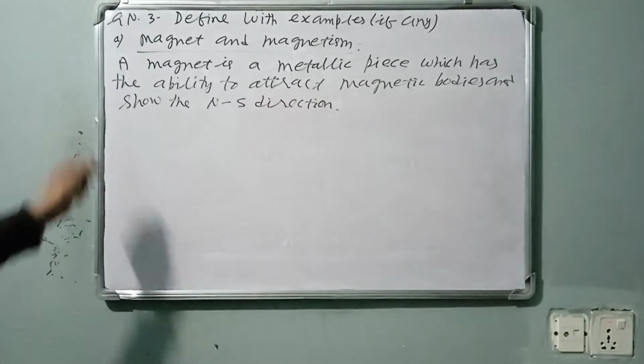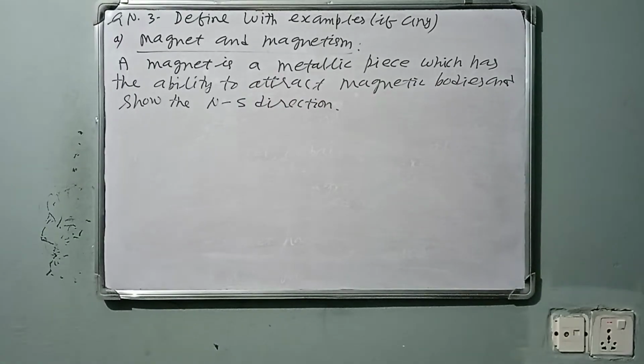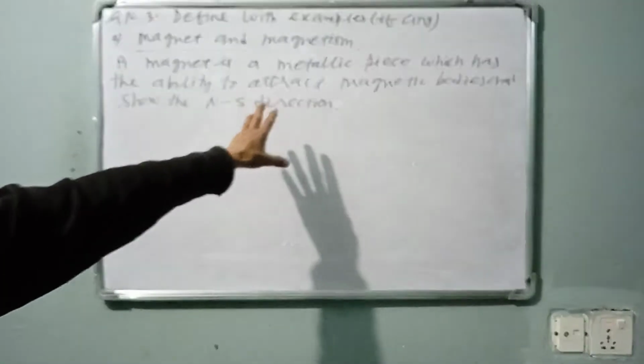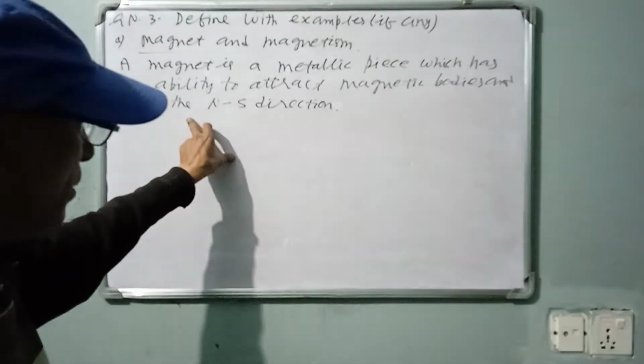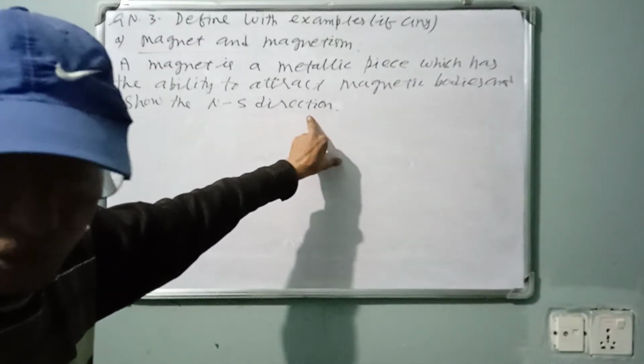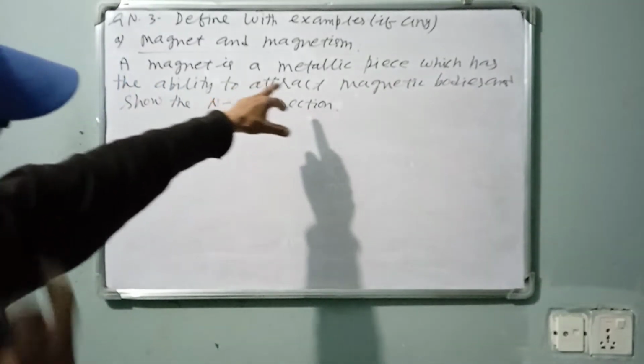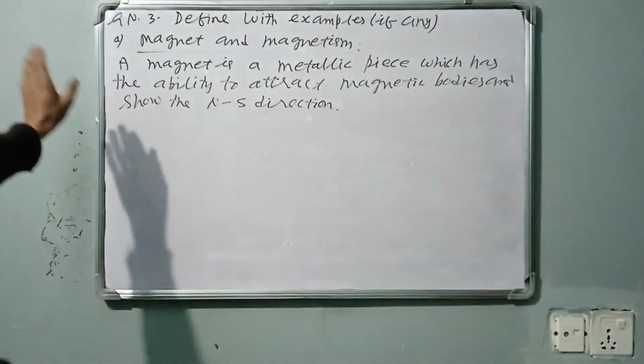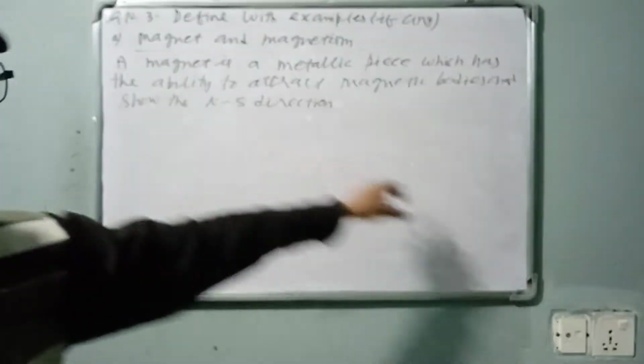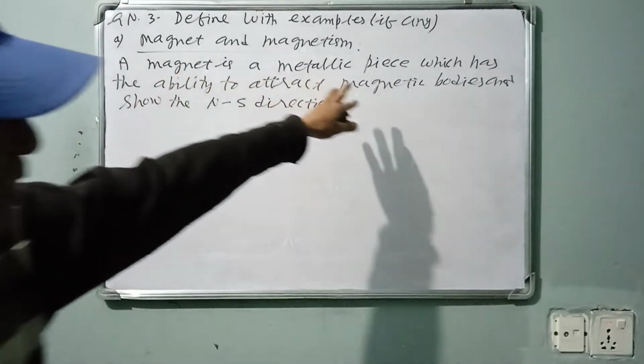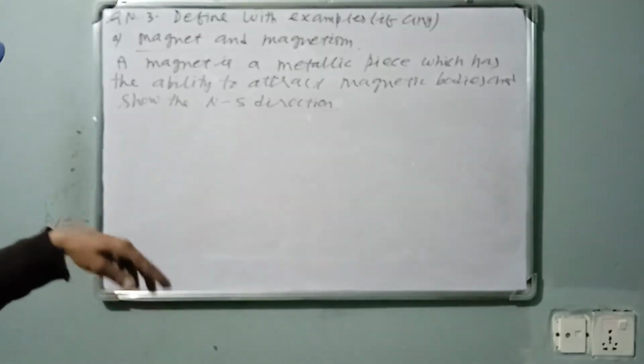Here I have written only two properties. It attracts magnetic bodies and it shows the north-south direction. It has the ability to attract magnetic bodies and it has the ability to show the north-south direction. That special metallic piece is called a magnet.